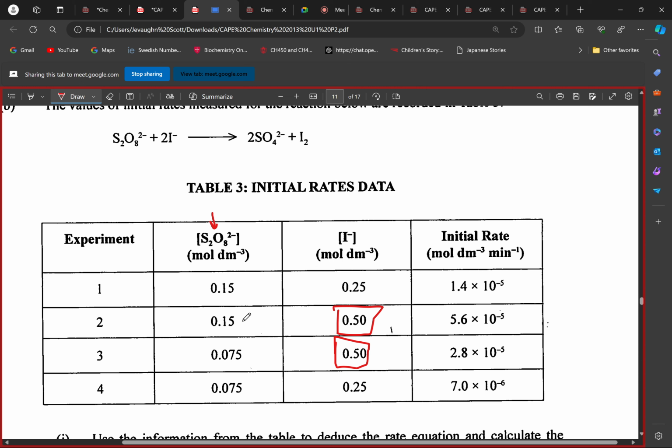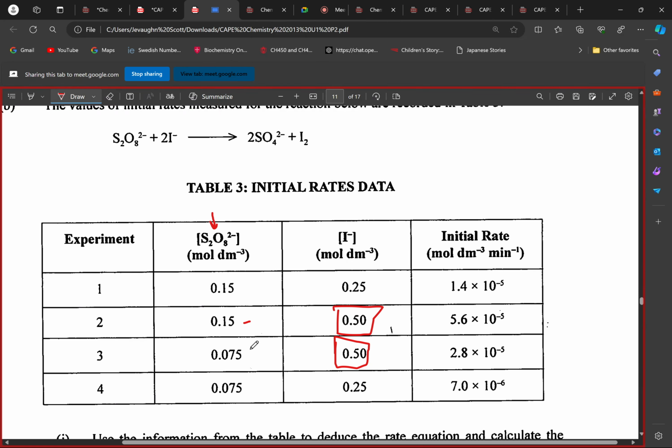You're saying that if I times this by 2, what are we looking at? Are we looking at the rate or the concentration? We have to see how the concentration changes and relate that to how the rate changes.